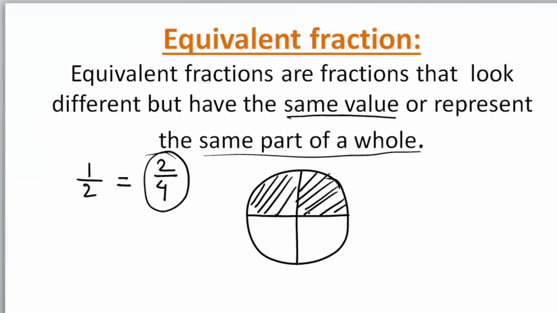So how many parts of the pizza have you eaten? 2 parts. Out of 4 equal parts, you have eaten 2 parts of a pizza. Or you can say, see, here it is just half of a pizza you have eaten. So what can you say? You have eaten just half of the pizza.